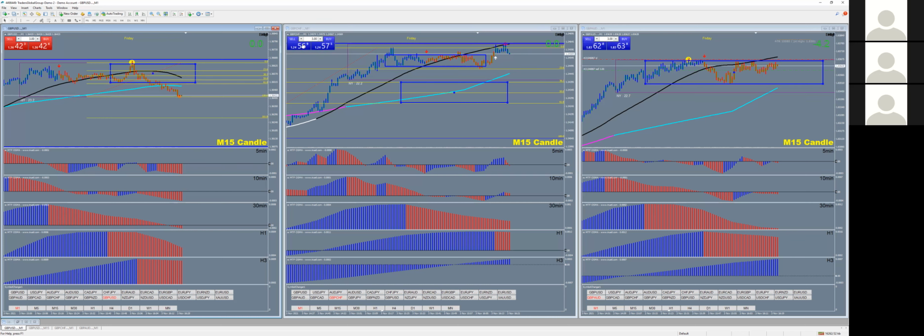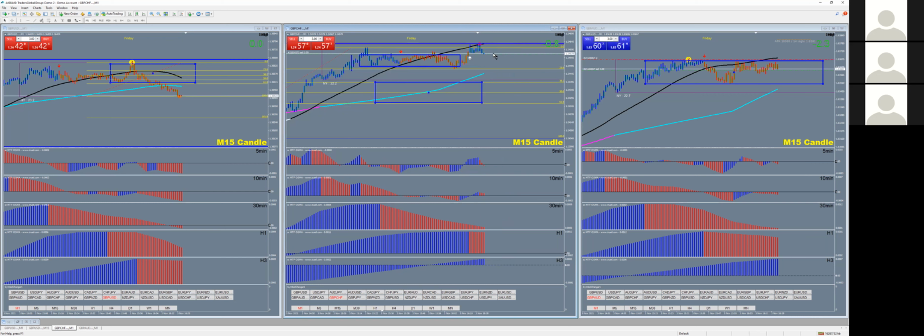Let's see. Dollar is very strong. Yeah, and gold is still going down. I just need the pound to fall off the face of the earth and we'll be all right.